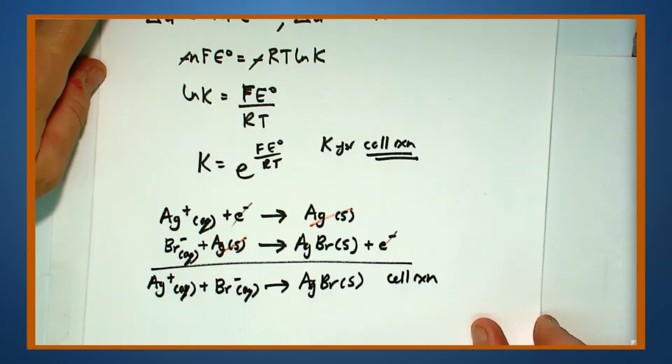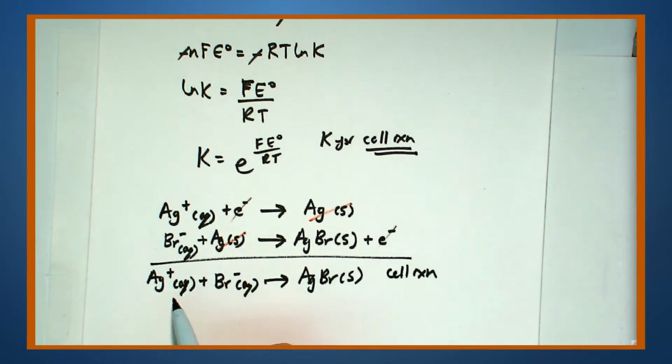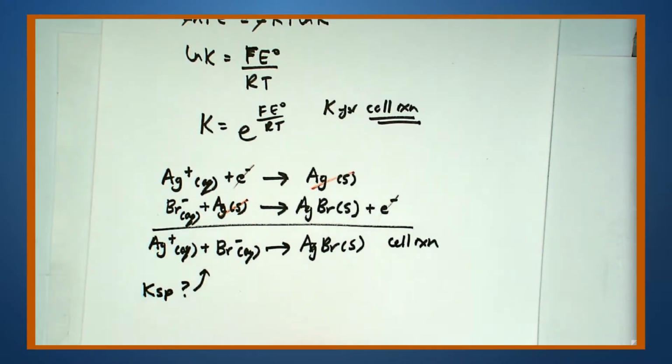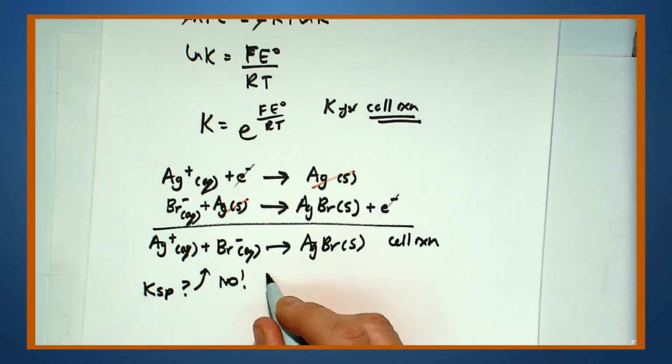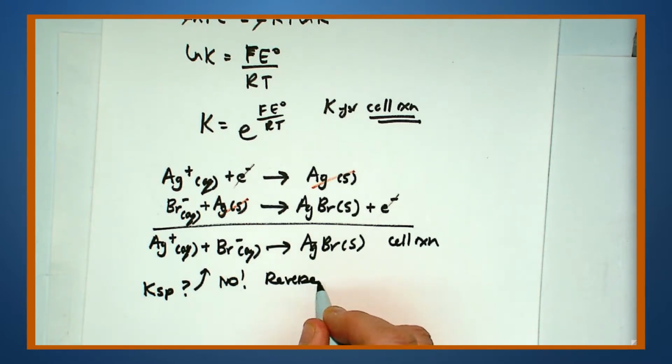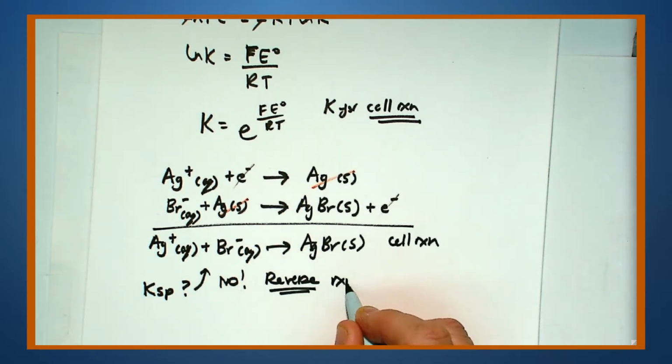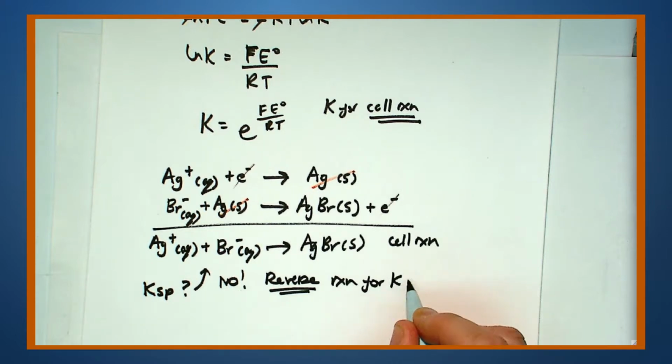Now you see why I had you write this out. Because if you look at this, is that Ksp? Think about what you've learned about Ksps. Nope. This is actually the reverse reaction for Ksp, right?